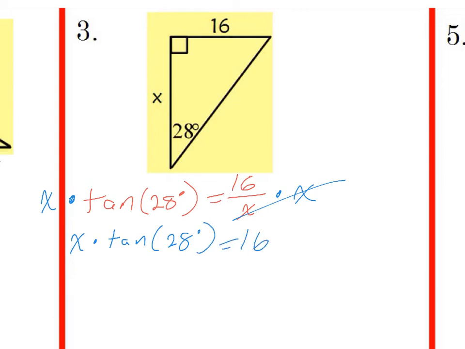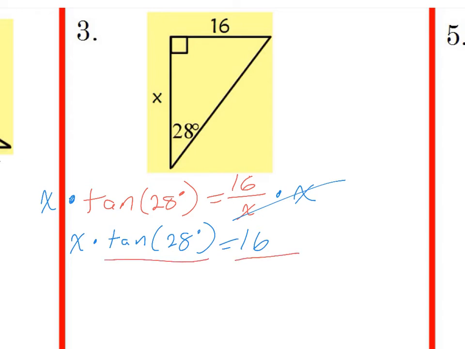Now, before, when we got here, we could just type that in our calculator and be done. But since x isn't a number we can type in our calculator, we need to do a little more work. So our goal is to get x by itself now. Well, we're multiplying x by the tangent of 28 degrees, right? So since we're multiplying, we're going to divide to get rid of it.